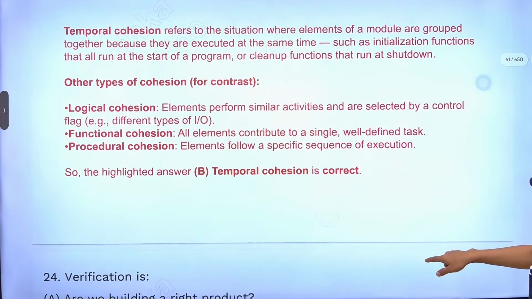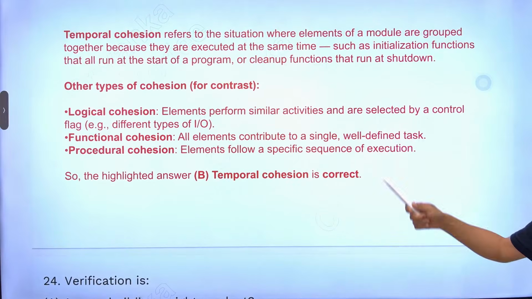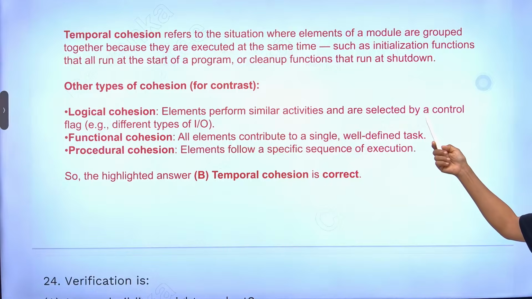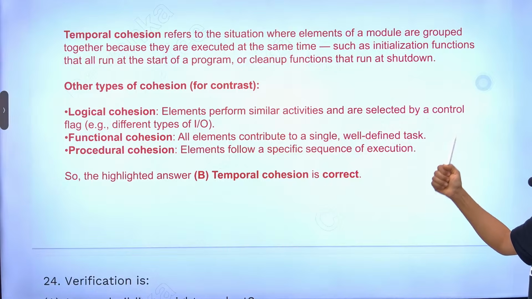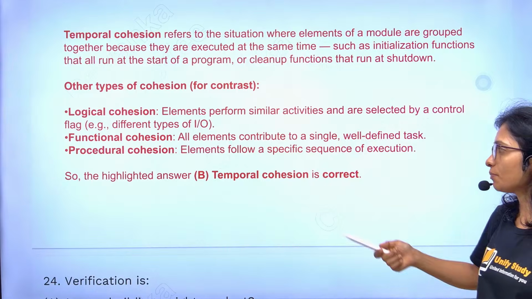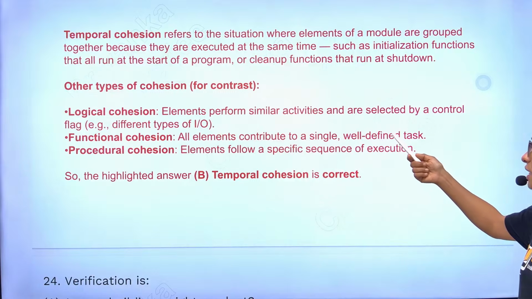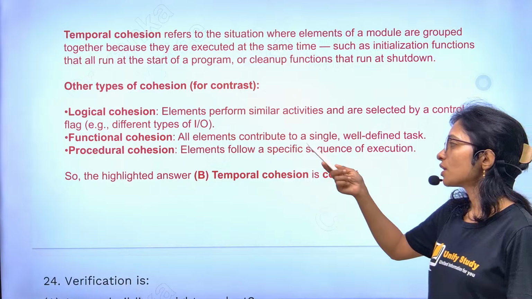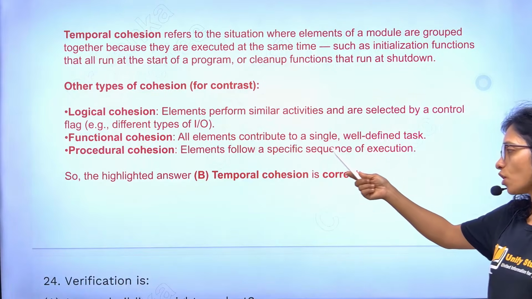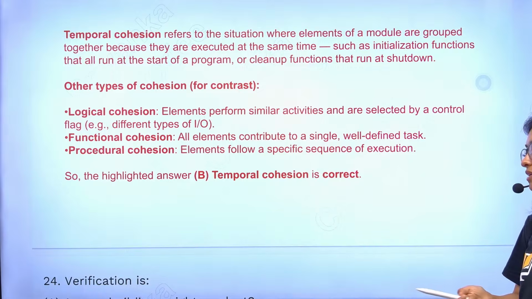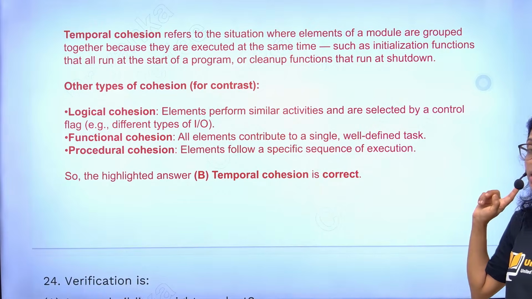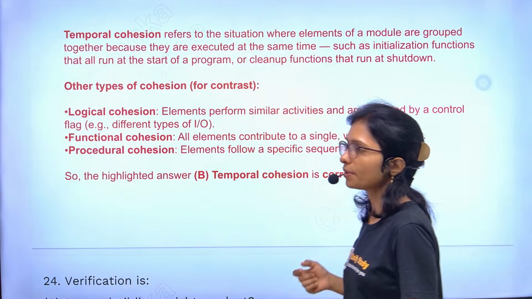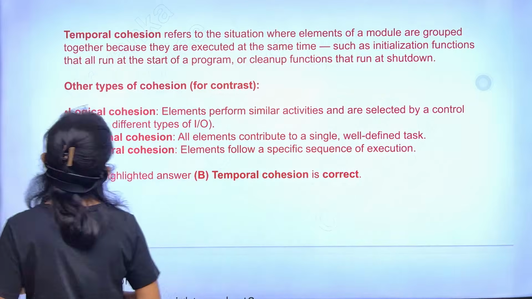Logical cohesion means elements performing similar activities are selected by a control flag. Functional means all elements contribute to a single well-defined task. Procedural means elements follow a specific sequence of execution. These cohesions are very, very important. Cohesion and coupling, all the coupling, all the cohesion.